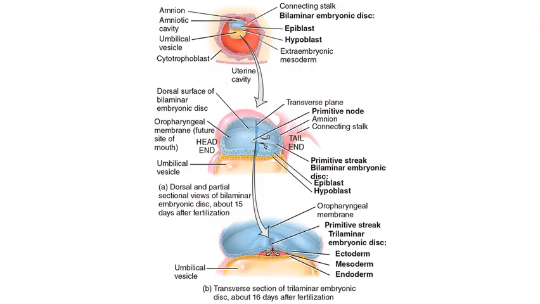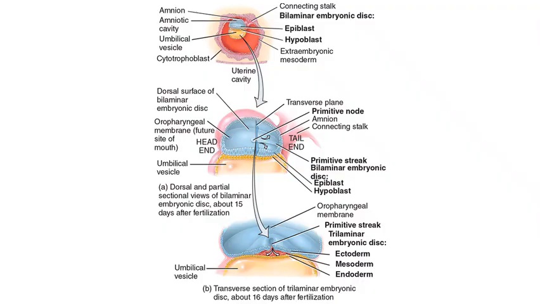This occurs about 15 days after fertilization, and in this process the bilaminar, two-layered embryonic disc consisting of epiblast and hypoblast transforms into a trilaminar, three-layered embryonic disc. This time it has three layers: the ectoderm, mesoderm, and endoderm. These primary germ layers are the major embryonic tissues from which the various tissues and organs of the body develop, which, if you remember, we talked about a lot of them before.